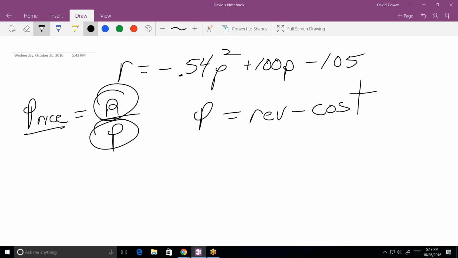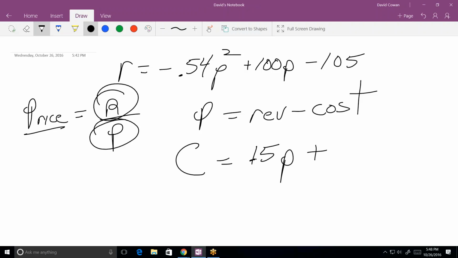So the cost is what? What's the cost function? How much per pound? $15 per pound of risotto? Yeah, plus weekly fixed costs, how much? $1,000.